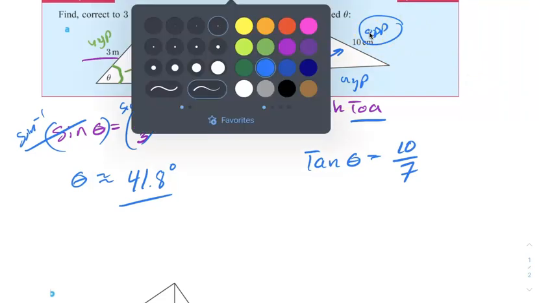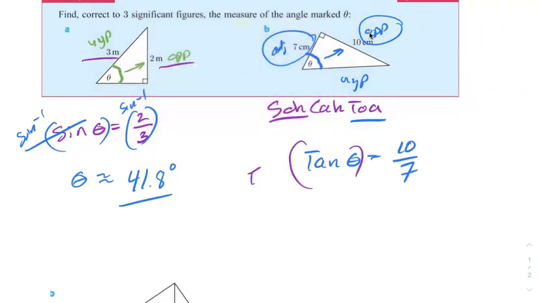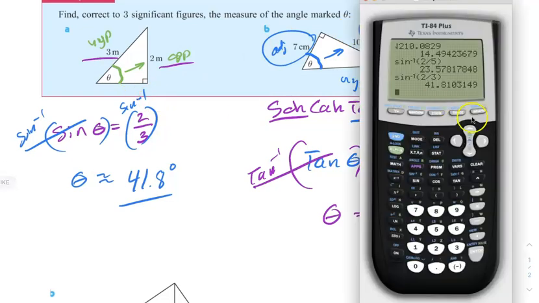We'll get rid of the tan. So we'll take tan inverse of both sides. These will cancel. Theta will equal tan inverse of 10 over 7. Use our calculator. And we get 55 degrees.